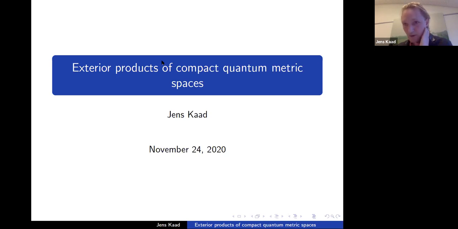But before I can go that far, I will present some preliminaries on compact quantum metric spaces. And also I will present a new characterization of what it means to be a compact quantum metric space, this time in terms of finite dimensional approximations. So that's more or less the program for this talk.